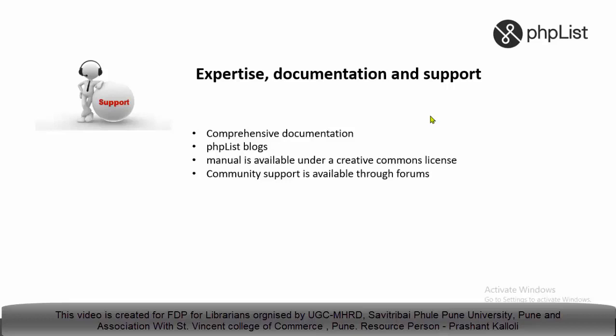That is a useful tool for the users. Community support is available through forums. If you need any help or assistance, just post in the forum. Experts will respond to your queries. So the great assets are the expertise, documentation, support and community support of PHPList. This is the community support program also.